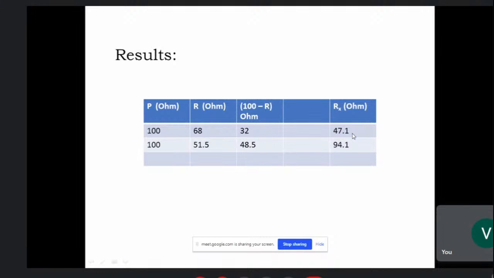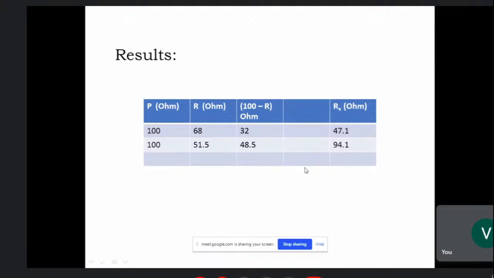Sir suggested we can put two 47 ohm carbon resistances in series. We have also performed this, and we get 94.1, a precise result. So unknown resistance can be measured very easily using the 10 turn 100 ohm pot.